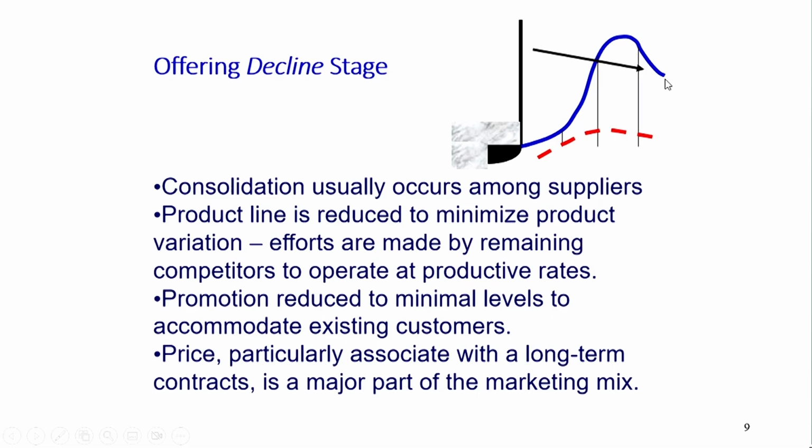Then comes the decline stage, which is kind of inevitable. At this stage there might have been some shakeout in the market. Some of the competitors might have exited the marketplace. So, some consolidation usually occurs among the vendors at this stage. The product line might be rationalized at this stage.